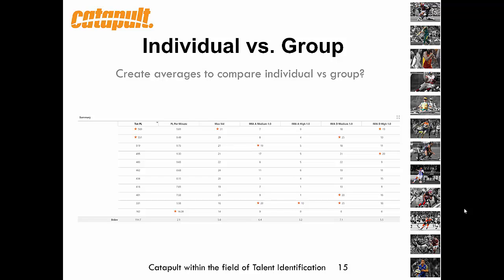For example, if you have a very talented player that physically you think fits your standards and fits the philosophy of a club or of a sport, you can always compare that player with the position average, or you can compare a specific marker of intensity for that player with the rest of the team, and this will allow you to see the benefits of that work in longitudinal analysis, and will allow you to become a better professional in the day-to-day work.